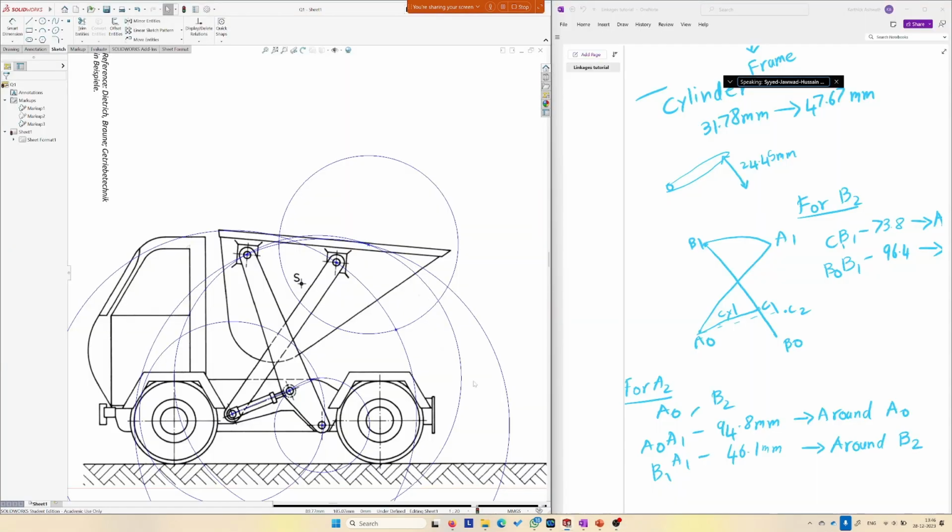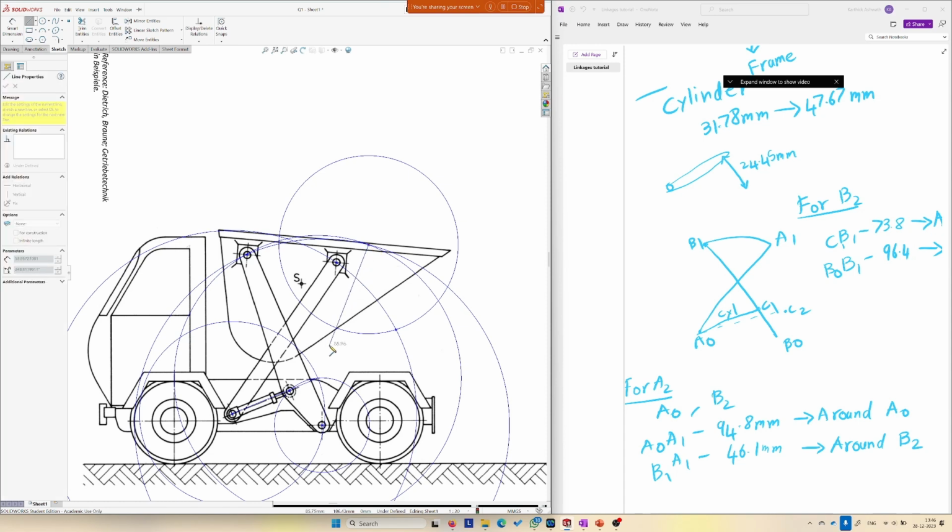So continuing. This is the A2 point, this is the B2 point, just where we left off. Now let us draw the lines to these points. So B2 goes there, and A2 goes there.